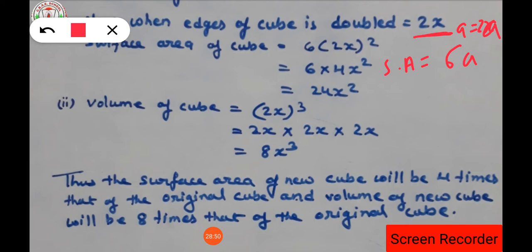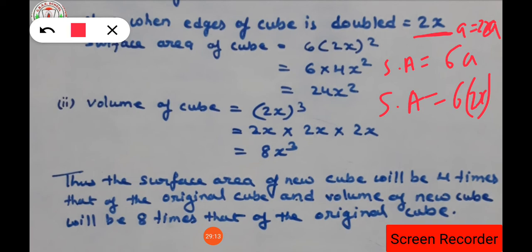Since here I had considered the side as x, that's why we are considering x. So suppose the surface area is equal to 6, and in place of a we are going to consider 2x. x is the edge only. It can be x, a, b, c, d, whatever alphabet you want to choose.